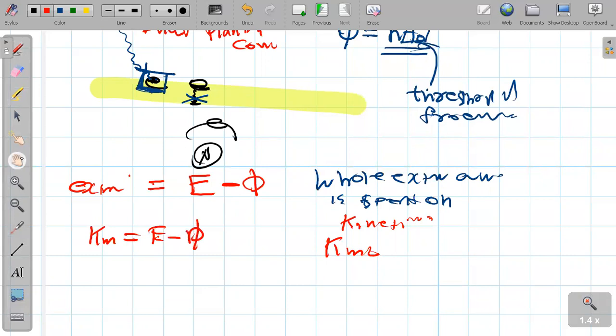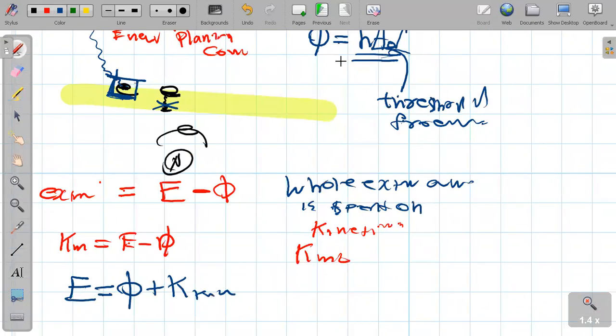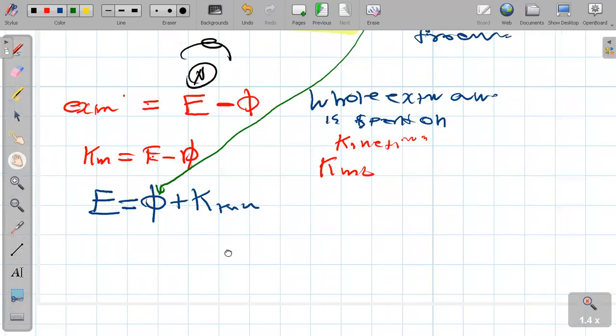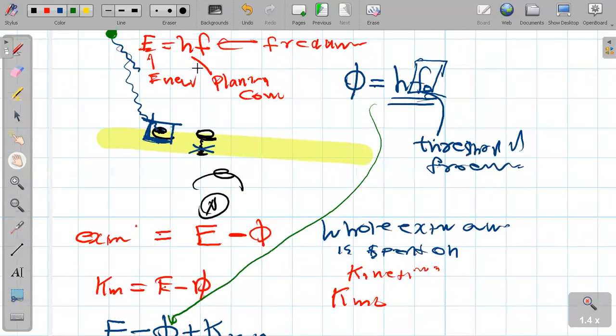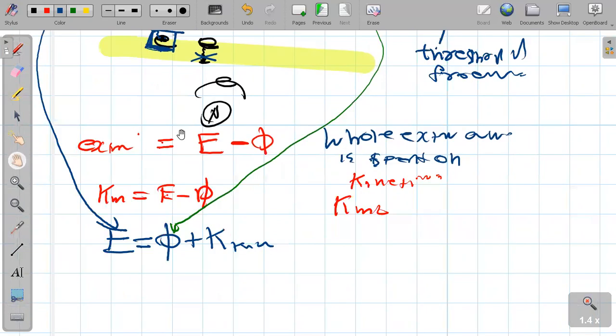So we can rearrange this equation in this manner. The total energy is going to be spent on the work function as well as K max. Since we know the work function here is this phi value, we can substitute it there. The work function is a constant value, with different values for different metals.